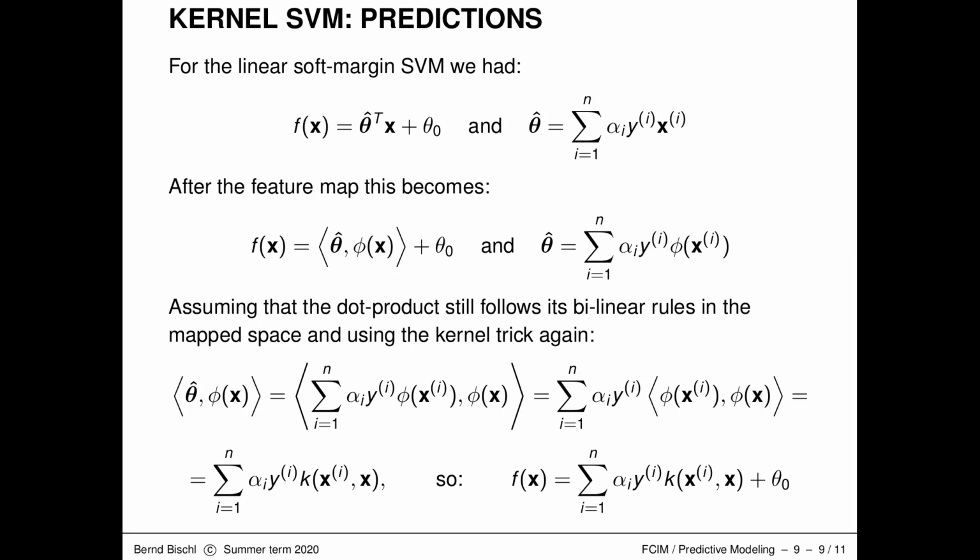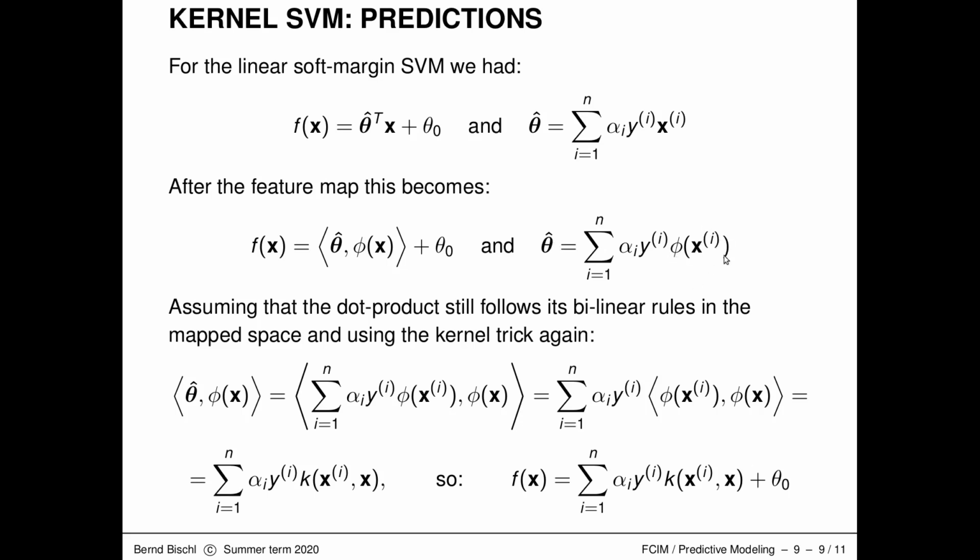So after our feature map, this guy becomes phi of x, and we have to now compute this dot product in feature space. And again, for the theta hat, we also have to project these x i guys into feature space.